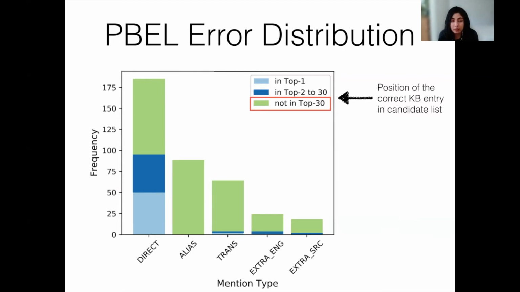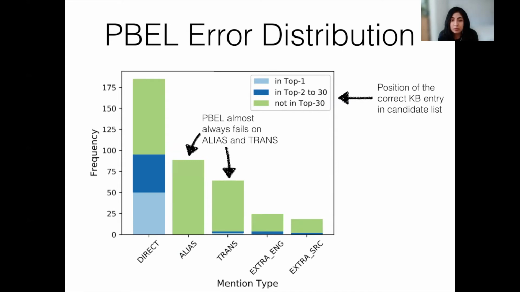The figure shows the distribution of the predictions for each mention type with the pivot-based entity linking model. We see that even for simple word-by-word direct cases, the model often fails to include the correct link in the top 30 candidate list. We also see that the model almost always fails on alias and translation mention types.